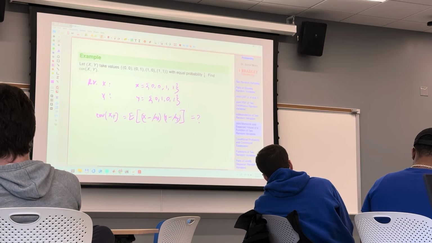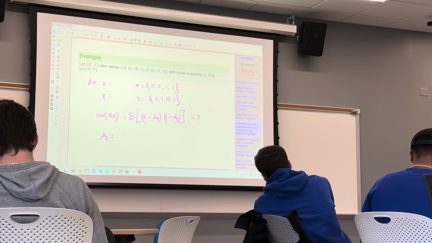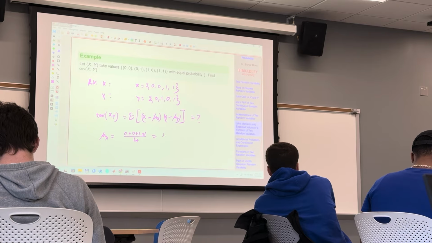Now first find mu sub x. Mu sub x is basically 0 plus 0 plus 1 plus 1 over 4, which is half, and mu sub y is 0 plus 1 plus 0 plus 1 over 4, which is also half.